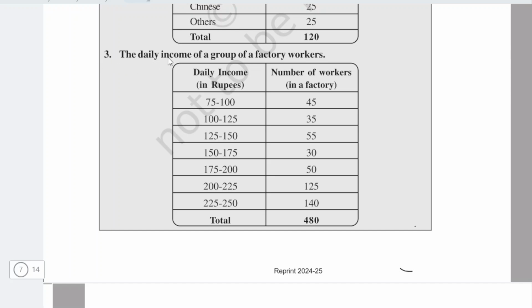So you see here, daily income of a group of factory workers is shown on this side.